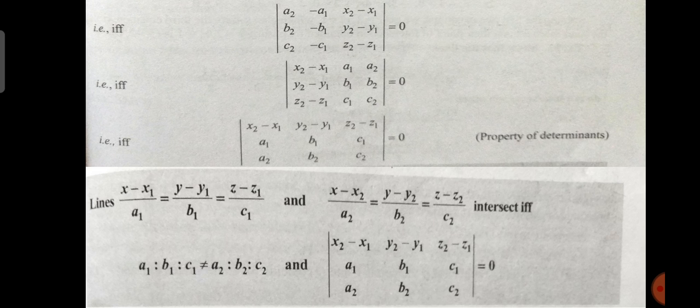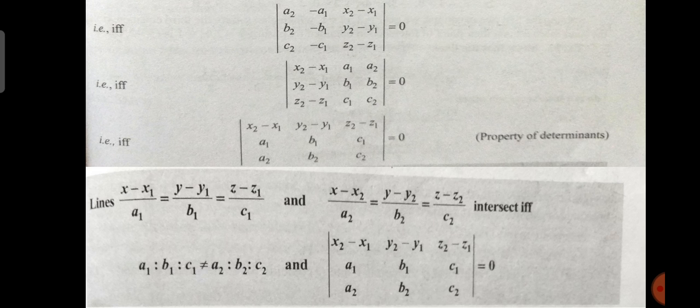The lines (x minus x1)/a1 = (y minus y1)/b1 = (z minus z1)/c1 and (x minus x2)/a2 = (y minus y2)/b2 = (z minus z2)/c2 intersect if and only if this determinant is 0 and the direction ratios are not equal. So this is the condition for intersecting two lines.